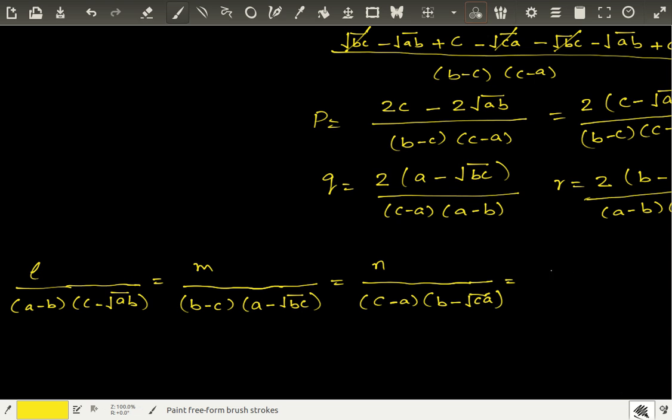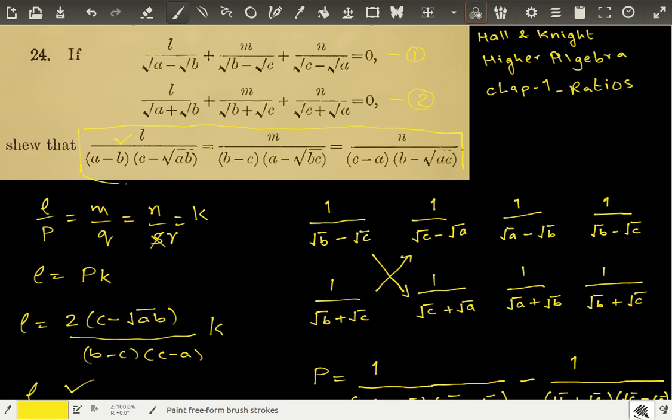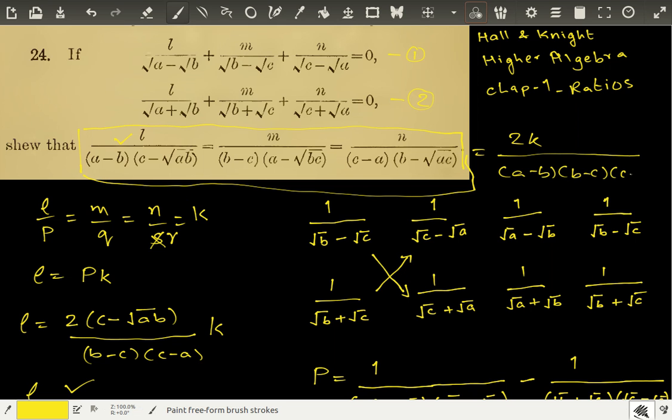Each of these ratios will be equal to 2 times k over a minus b, b minus c, and c minus a. And because each of these ratios is equal to 2k over a minus b, b minus c, c minus a, we have proven the relationship.